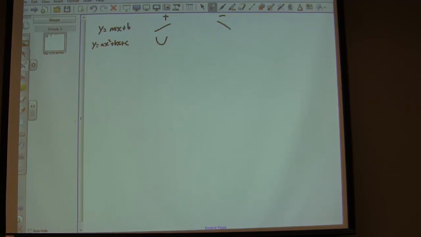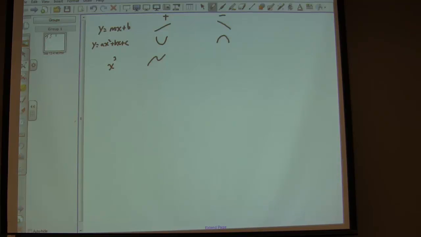If A is negative, it goes down, sometimes called the frowning face. Well, the third one would be what we would call x cubed. I'm not going to put the rest of it in there. There's a third power. It's shaped like this. Some people call that the snake. If it's negative, it goes like that.